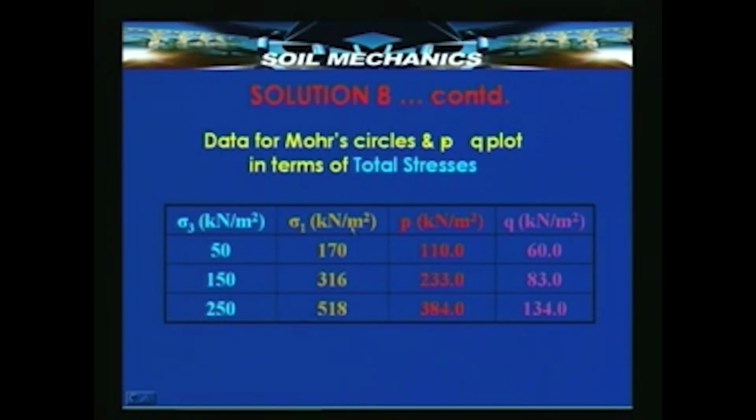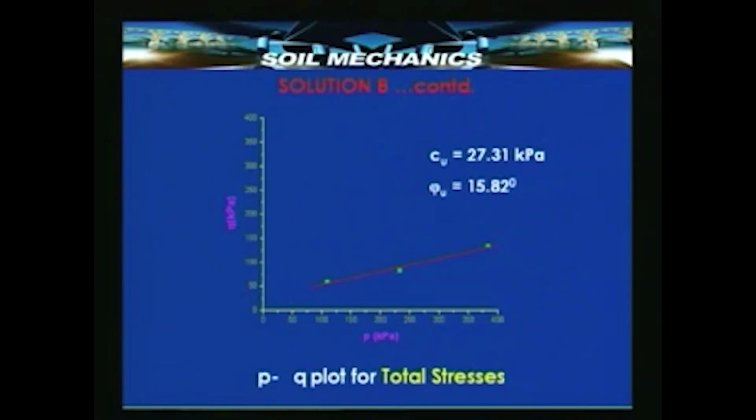So, now if I take the total stresses that have been obtained in this experiment, we have sigma 3 total stress, we have sigma 1 the total stress, and corresponding values of P and Q will be sigma 1 plus sigma 3 by 2, sigma 1 minus sigma 3 by 2, and these are these values. These values can be used for drawing the PQ plot. Here is the PQ plot. As we saw, the data of the problem is adequate enough to compute P and Q values and plot them.